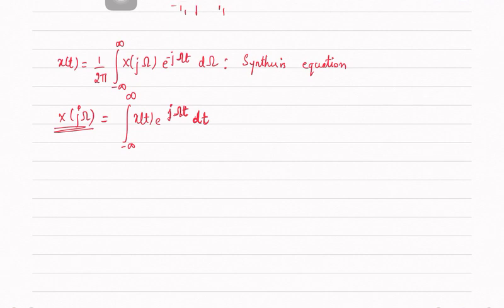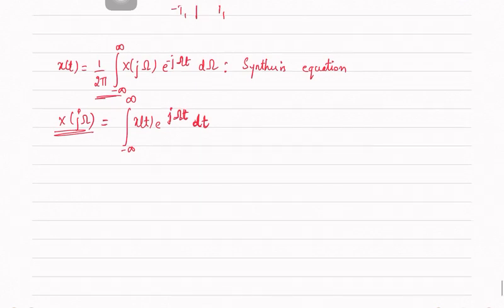Okay, so this is similar to your x of t being equal to summation a k e power j k omega naught t, right? So the coefficient corresponding to each frequency is now x of j omega divided by 2 pi, right? So this is your a k now, not just x of j omega, it is x of j omega divided by 2 pi.